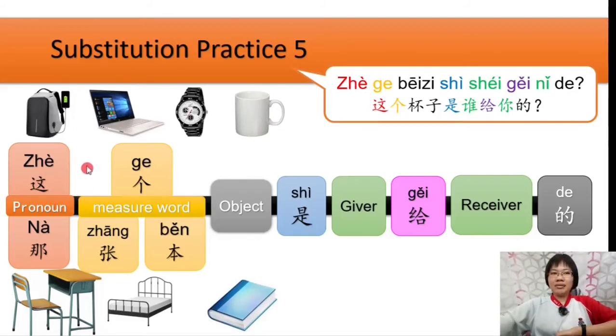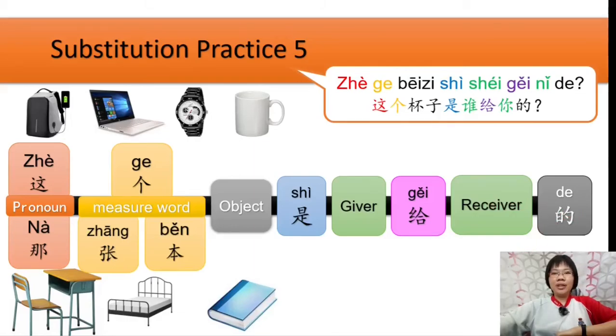Let's break down the sentence. We will start with a pronoun, followed by a measure word. Of course, the measure word will depend on which object you are referring to. As for now, we refer to this cup, 杯子, and the measure word for cup is 个。这个杯子是 adalah, giver pemberi, 给, penerima, 的.